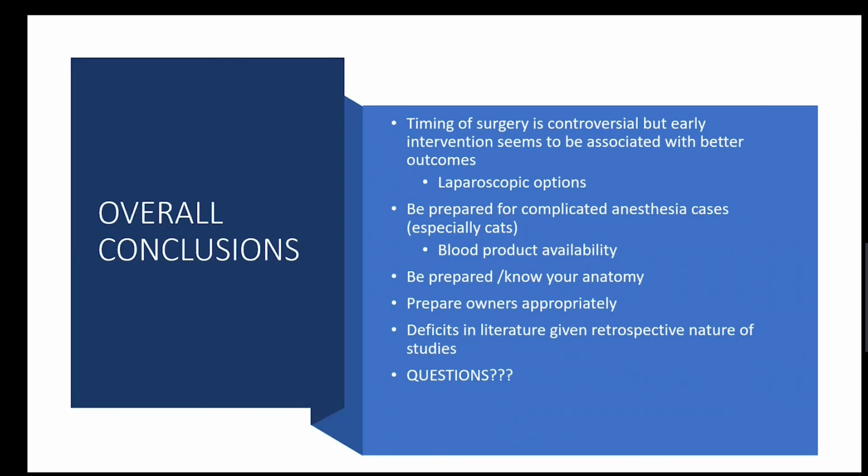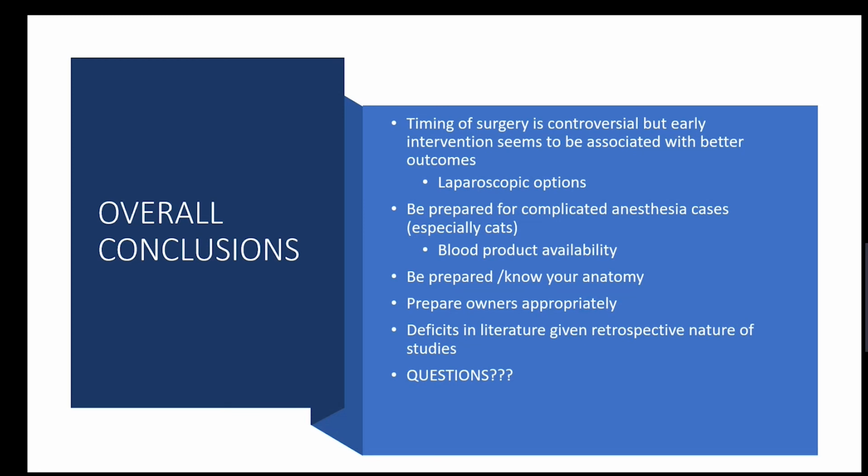So that's kind of a whirlwind summary of what's out there in the surgical literature for gallbladder disease, mostly in dogs, but a little bit in cats. And I would say the overall conclusions and take-home messages are that the timing of surgery seems to be controversial, but as we might expect, if we can intervene before patients are ill and before their gallbladders rupture, that seems to be associated with a better prognosis.